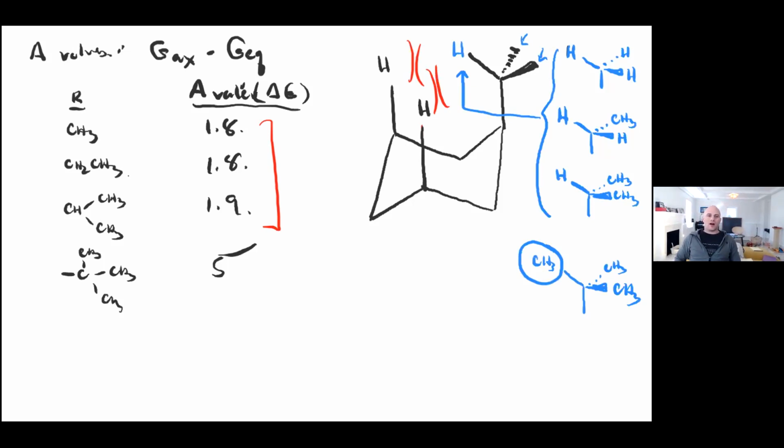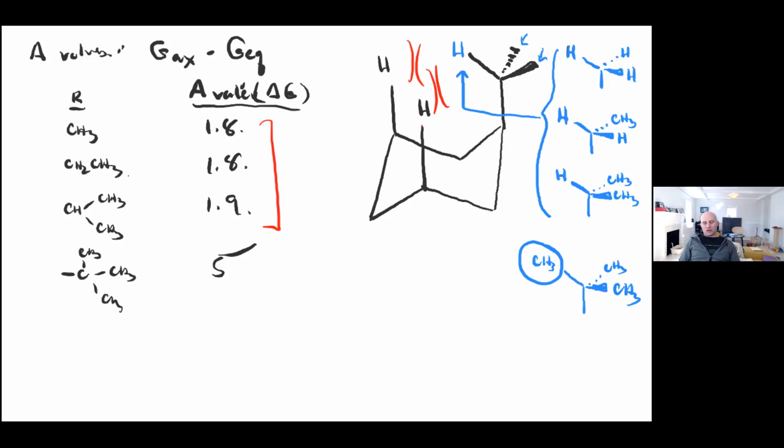And so what we say is that for methyl, ethyl, isopropyl, or really for ethyl and isopropyl, you can orient them in such a way that as far as the A13 interaction is concerned, it's essentially the same as a methyl group because you can still put a hydrogen over the ring, okay?